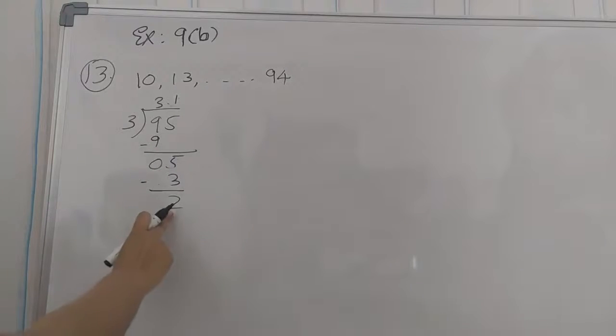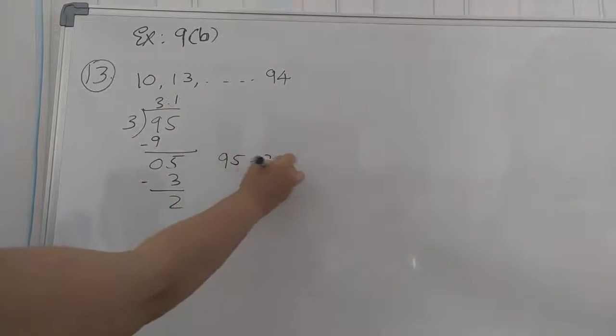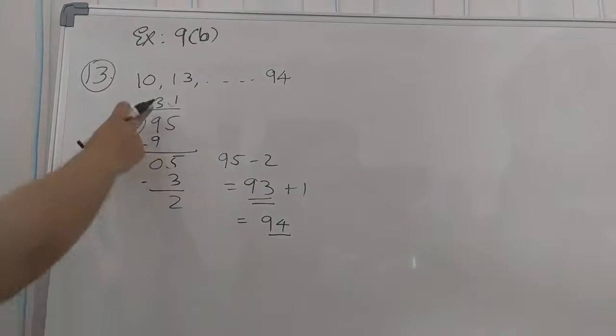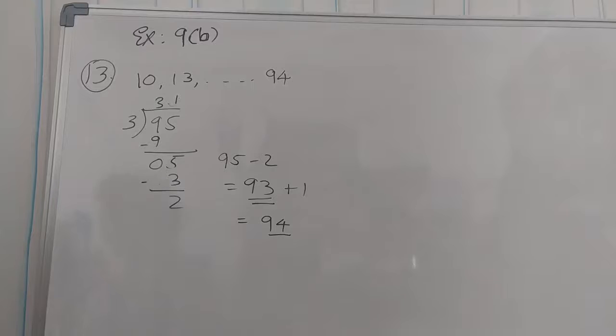Now I subtract this 2 from 95, so 95 minus 2 will be 93. This is the standard method I explained to you. But one remainder is there, so we have to add 1 to it. So the last number is 94. You understand how 94 comes as our nth term. For any sequence question, you can use this method to get your last term.